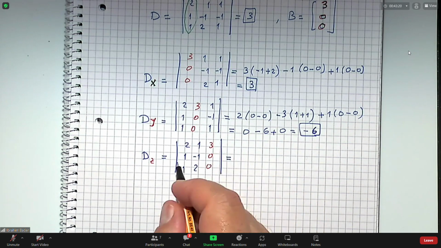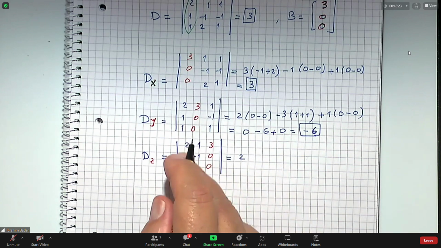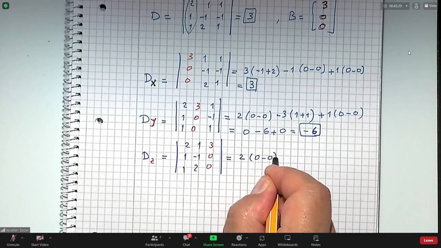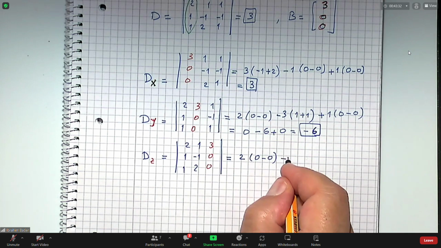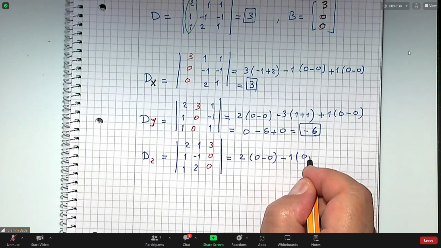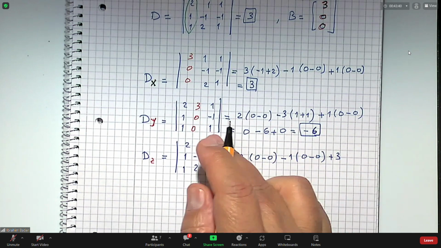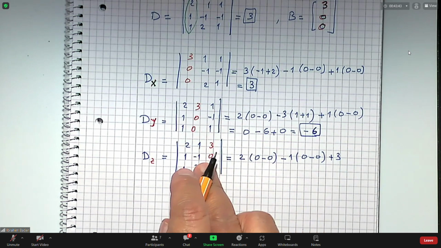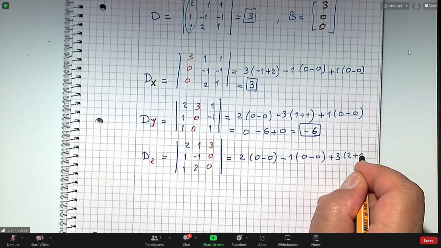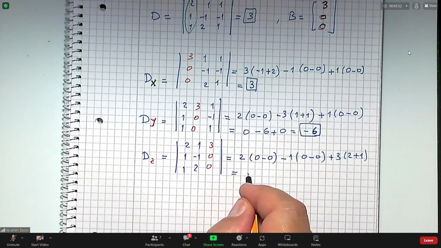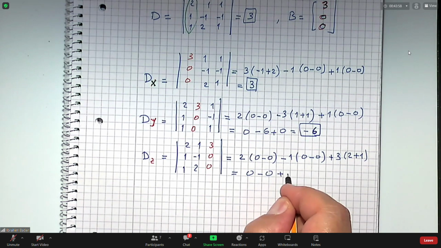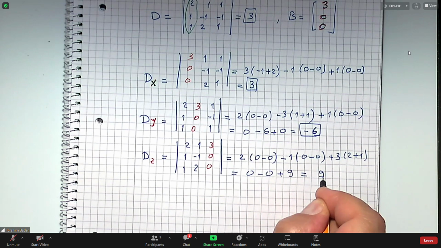Okay, now let me just evaluate this again. So to cover this one you have negative, so 0 times -0. Then you have 1 minus, of course, here 1. Again, here you got 0 minus 0 plus 3. Then here you got 2 minus minus. So here you got 2 plus 1. So this is equal to 0 minus 0. 3 times 3 is 9.